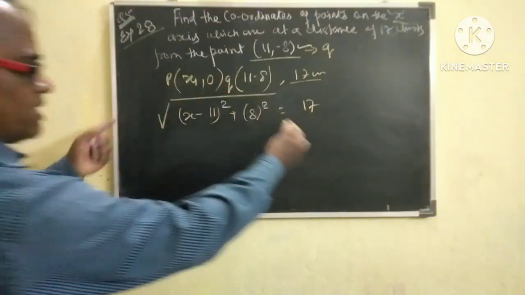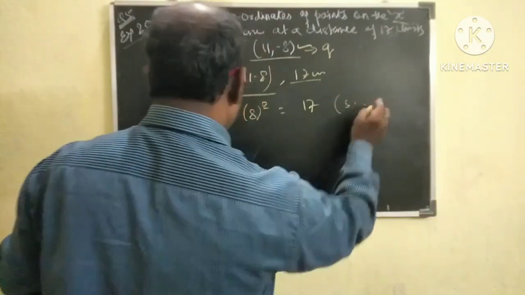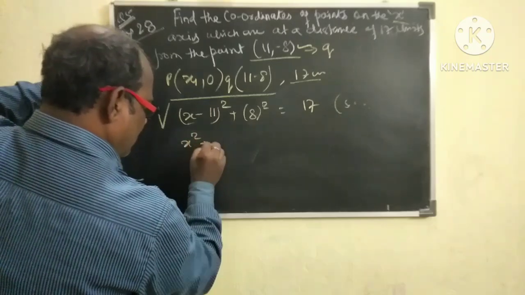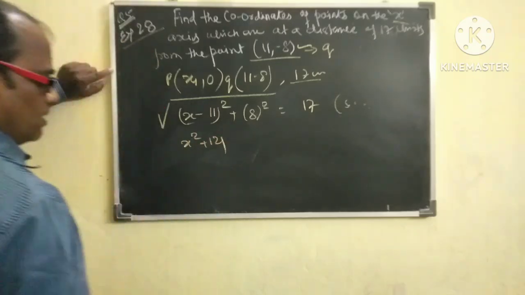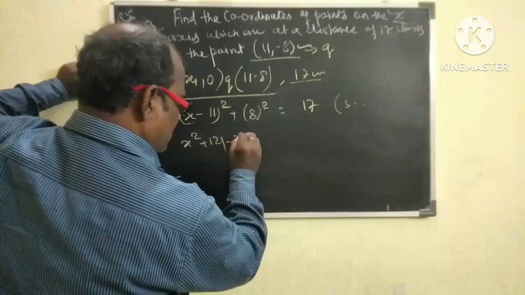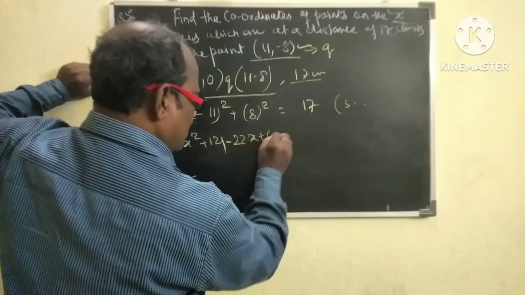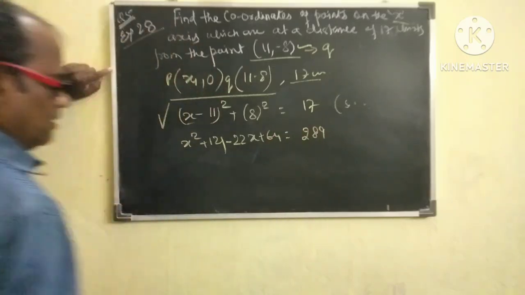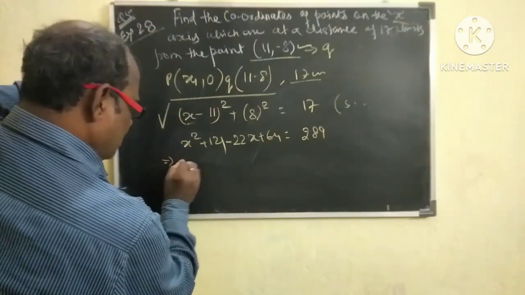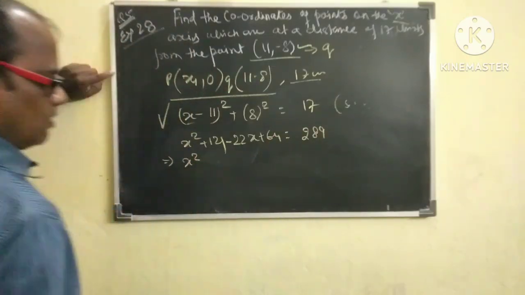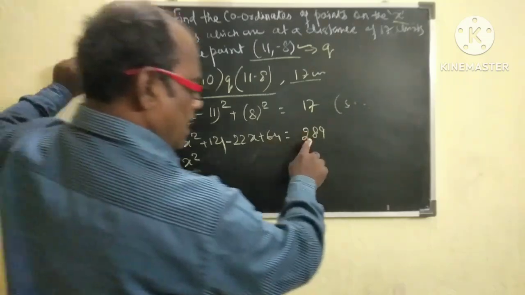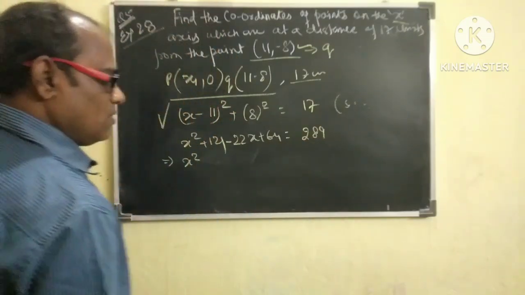Now squaring both sides, we get x square plus 121 minus 22x plus 64 is equal to 289. So from here we get x square, 121 plus 64 is 185, and 289 minus 185 is 104.